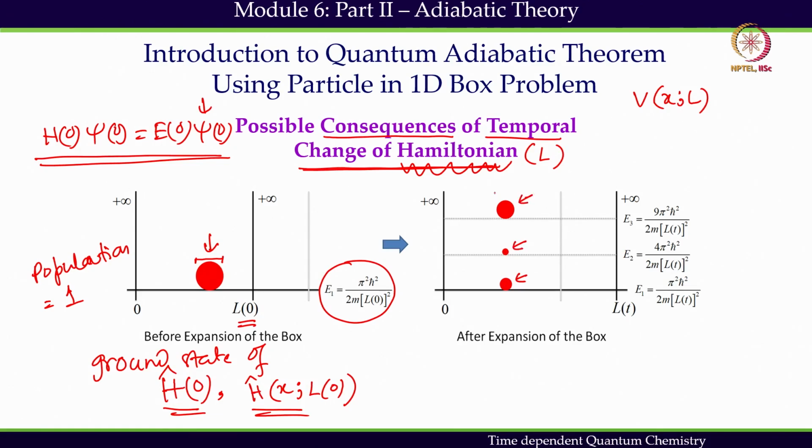And now the relative diameters are showing what kind of population I have. Then total, this one plus this one plus this one, total probability is 1, definitely. But now, due to this change of Hamiltonian, it is not necessary that it is an adiabatic change.